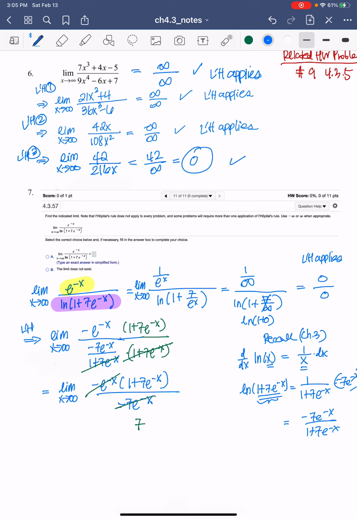So the limit as x approaches infinity of 1 plus 7e to the negative x over 7. Plug in infinity now. I have 1 plus 7e to the negative x, which really is 7 over e to the x, so I have 1 plus 7 over infinity, over 7, which is really 0 here. 7 divided by a really large number is 0.